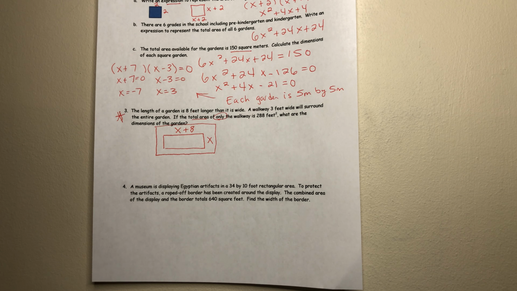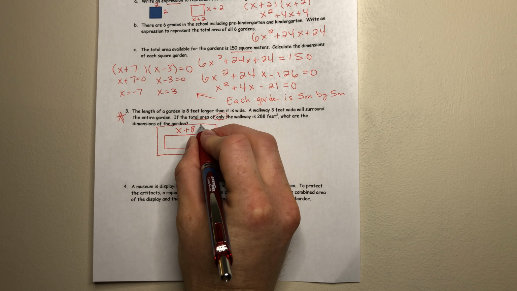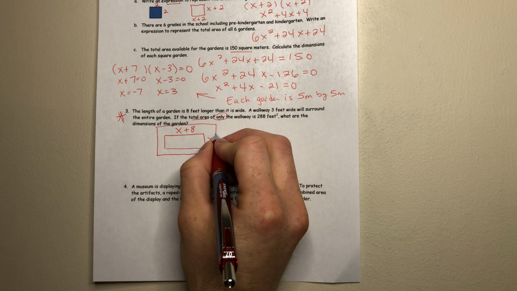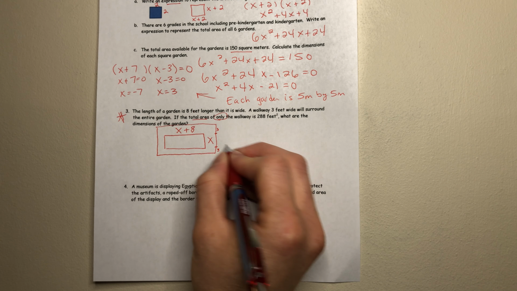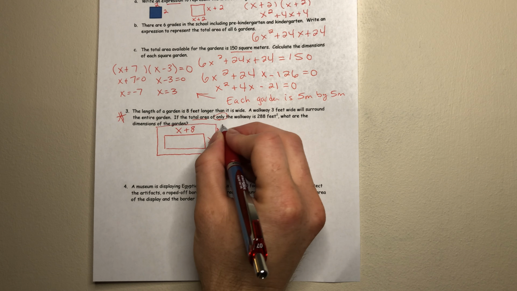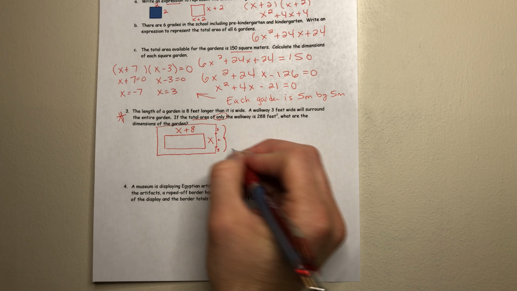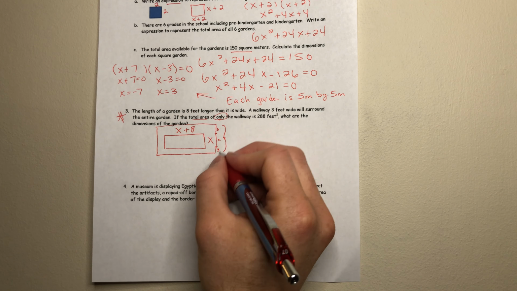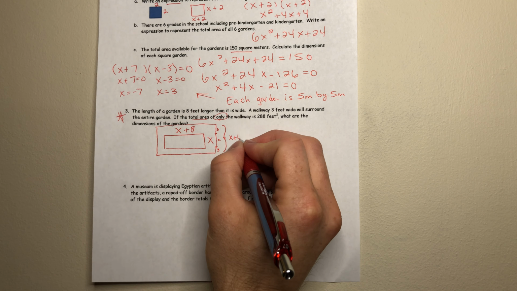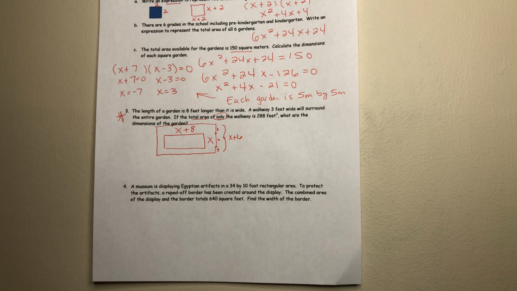So let's think about this. The walkway is 3. So this is 3, and this is 3, and this is x. So what's the whole side of this side? That's going to be x plus 6. 3 and 3 make 6.